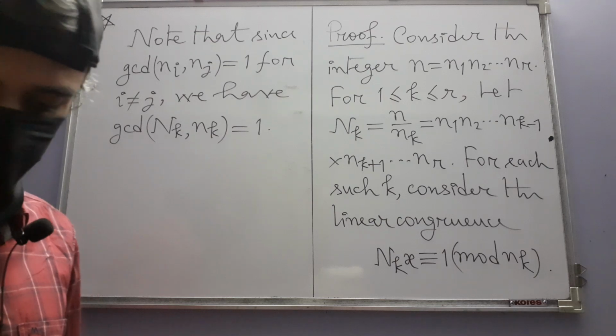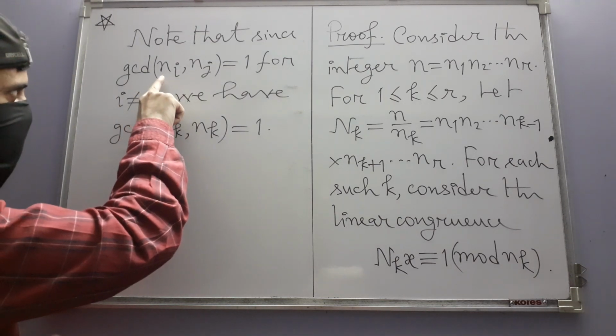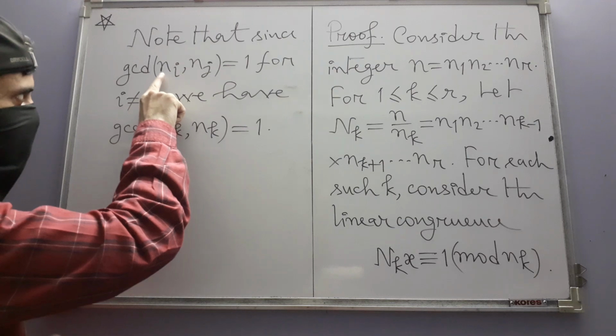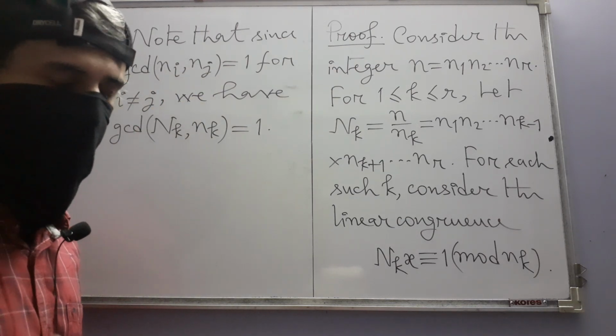Why? That's because there is no common prime factor between Ni and Nj if i and j are different.